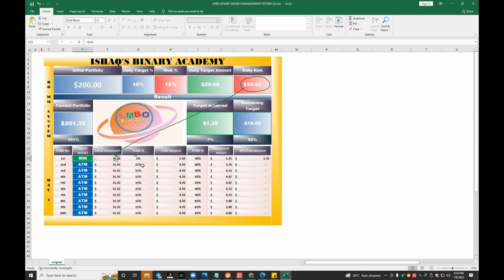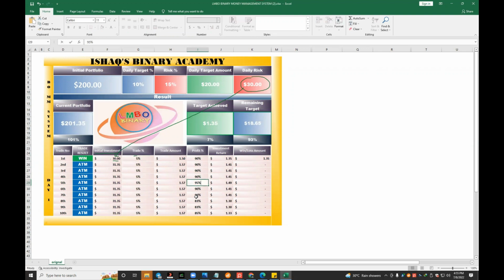Now I need to complete this trade percentage. After that, how much percentage will I take? Maybe all the trades will be 5% of my capital, which I take as the risk. So I'm using 5% everywhere. I'm not increasing the percentage, 5% for the 10 trades, and 90% every time the broker is giving me return.